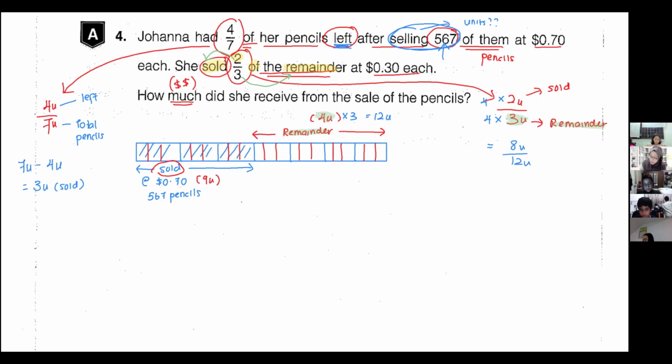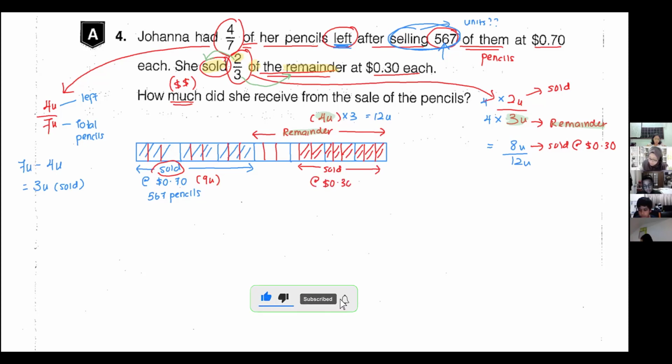Okay. Now I can actually shade how many pencils were sold at 30 cents. Okay, so how many? 8. So I shade 8. 1, 2, 3, 4, 5, 6, 7, 8. These were sold at 30 cents each. Okay, and it is how many units? It is 8 units. So over here, I know that these whole 9 units that were sold at 70 cents is 567 pencils.